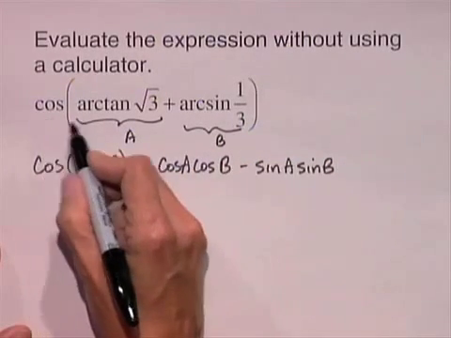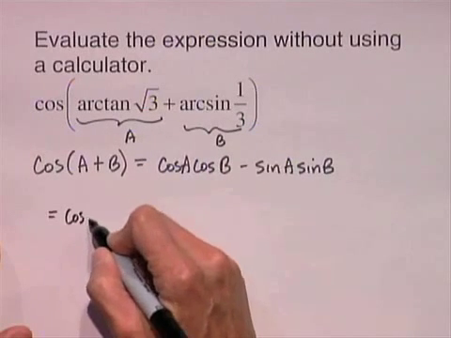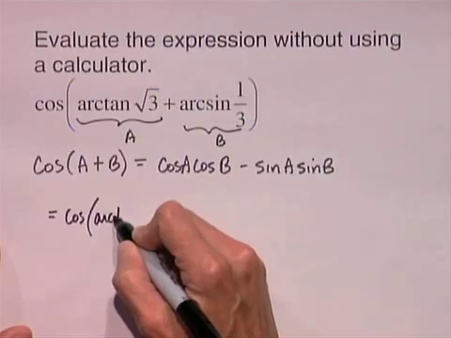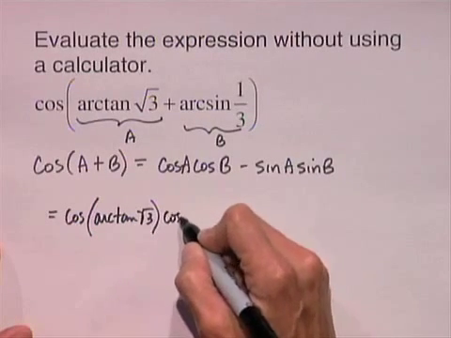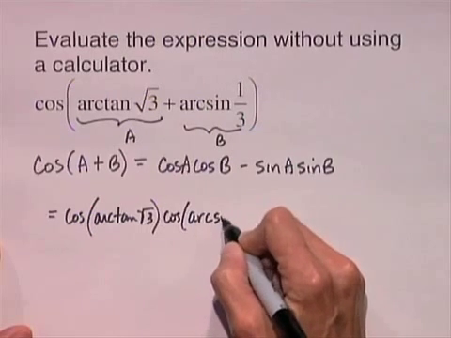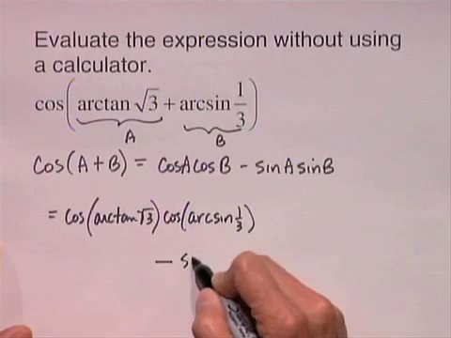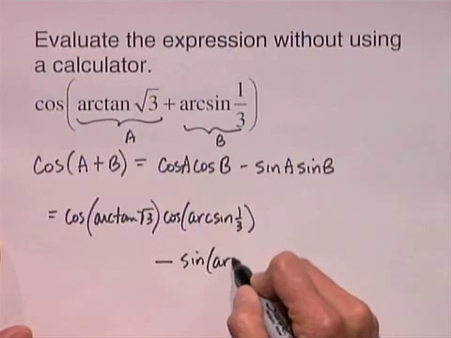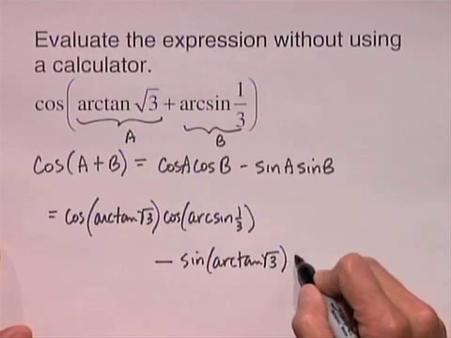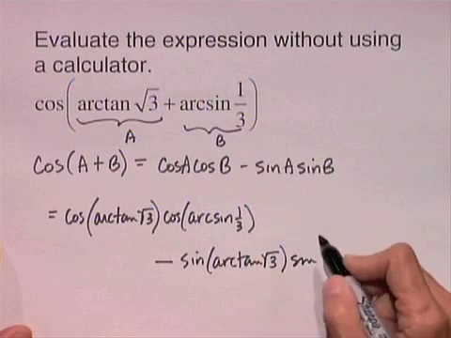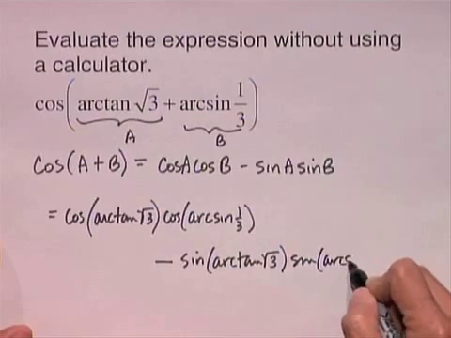So to find the cosine of a plus b, I need to find the cosine of the arctangent of the square root of 3 times the cosine of the arcsine of 1/3, all of that minus the sine of the arctangent of the square root of 3 times the sine of the arcsine of 1/3.